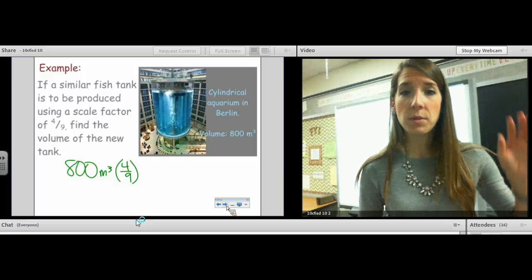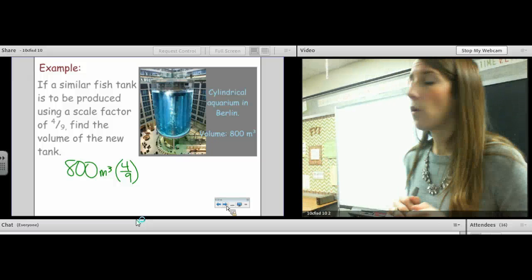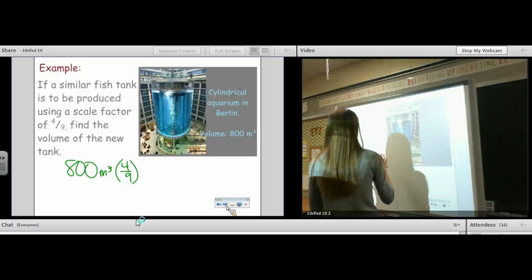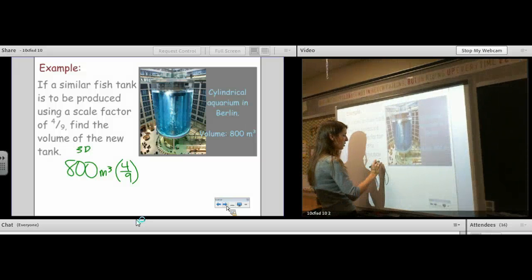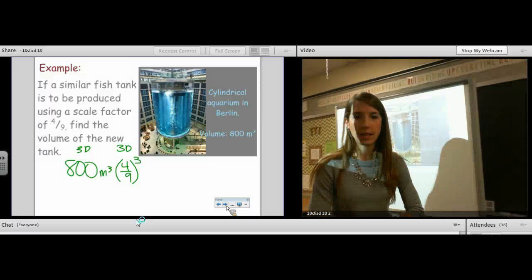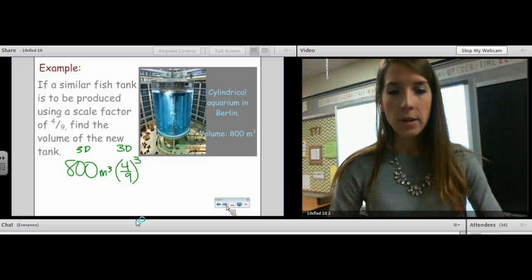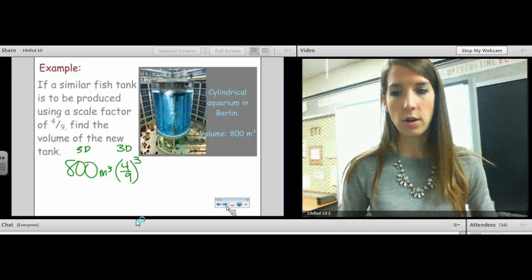You can never multiply 3D by 1D. Does not work. Can't do it. So I need to make sure that I'm in the same units. 800 is 3D, so I need to make sure that 4 ninths is 3D. And so the way I do that is I raise it to the third. So I'm doing 800 times 4 ninths to the third.